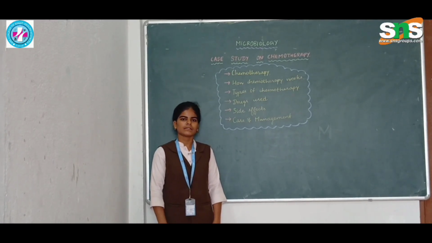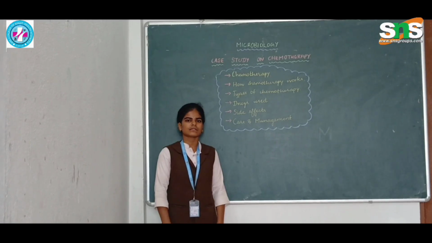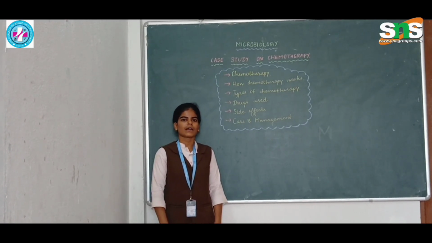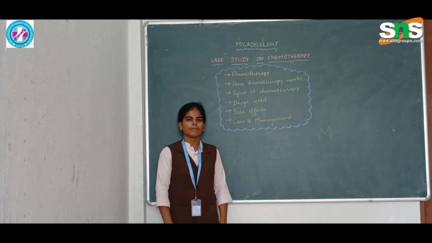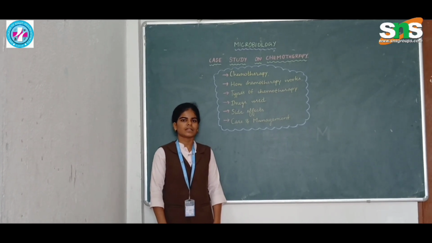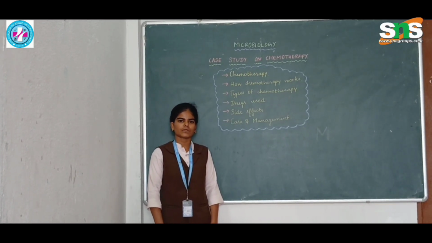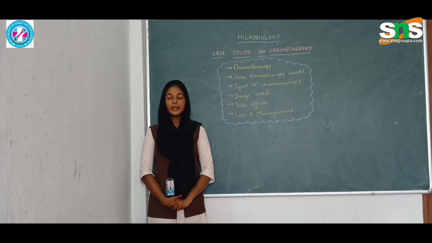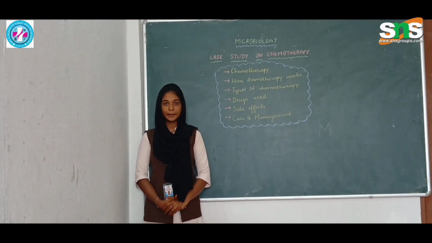Curative chemotherapy is aimed to cure the disease completely. Palliative chemotherapy helps to relieve the symptoms and maintain comfort. In this patient, it is most likely adjuvant chemotherapy, which is given after a surgery. Following purpose and types of chemotherapy.